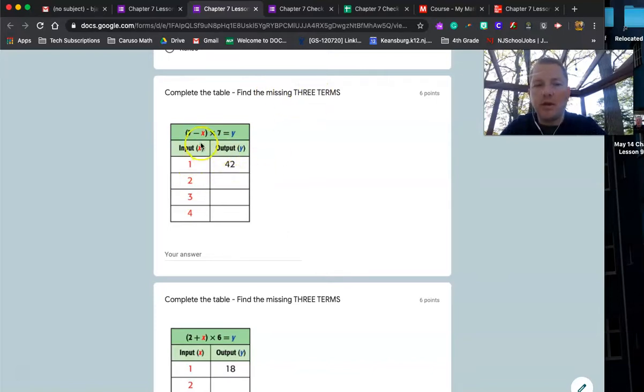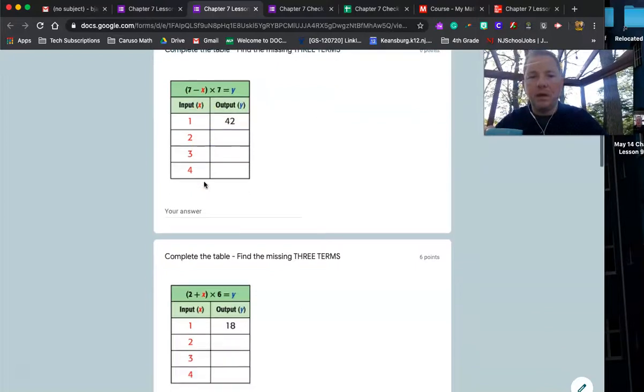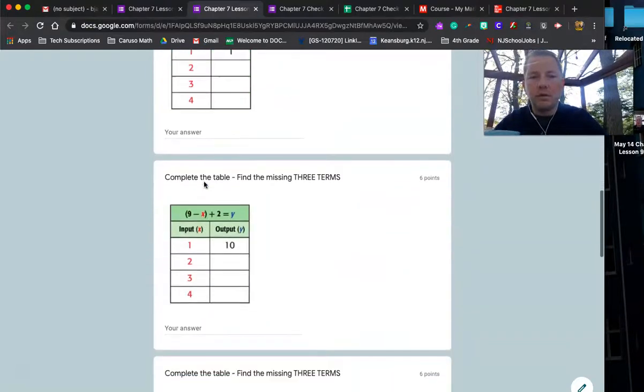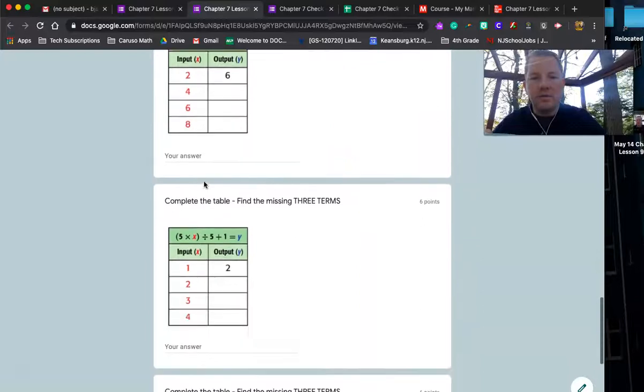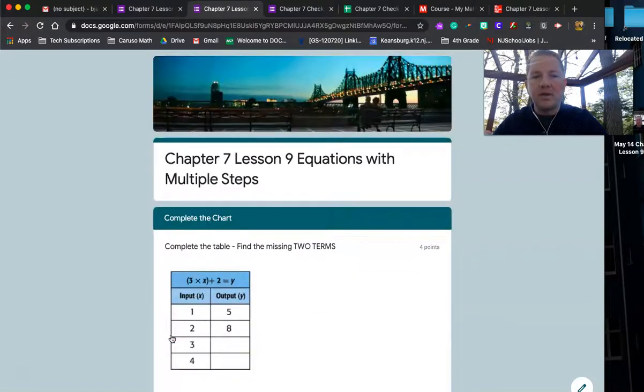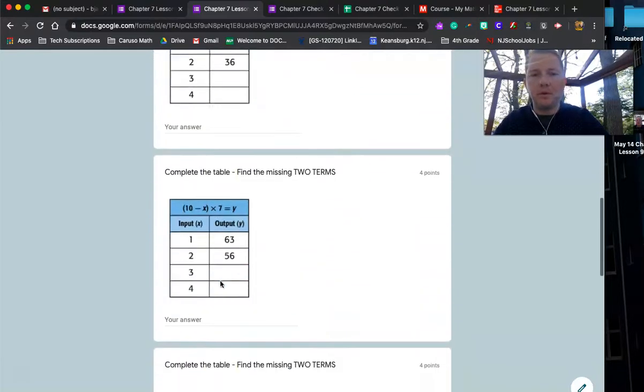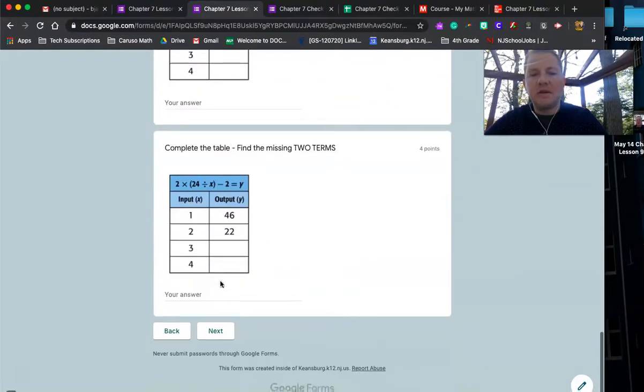So you have to plug this red number into where the red x is, and do it on scrap pieces of paper so that you can find out what the actual answers are. There are 7 where you have to find the missing term. And then the next one, you have to find the missing 2 terms, and there are only 2 spots missing. There are 7 of those.